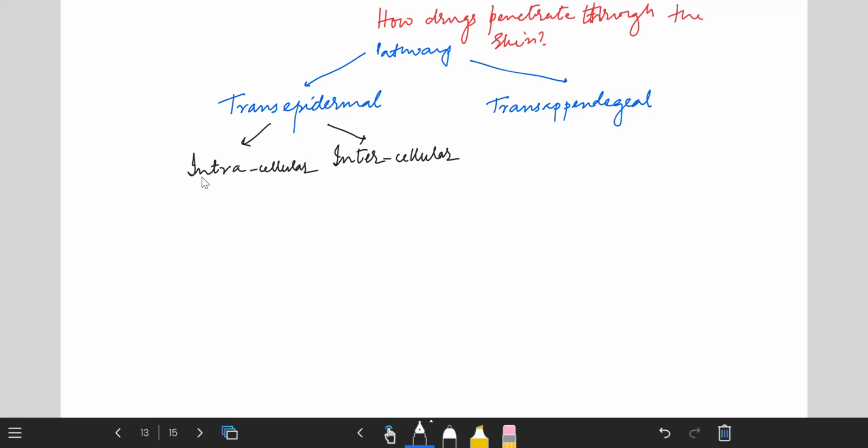So, in this intracellular route, drugs penetrate through the stratum corneum cells, that are corneocytes.